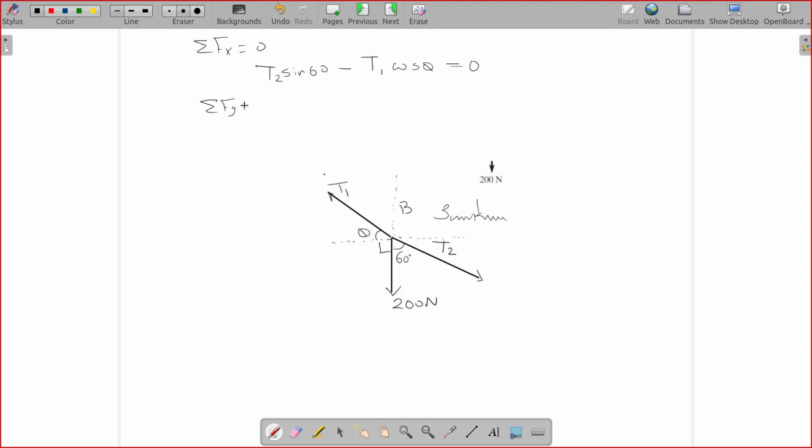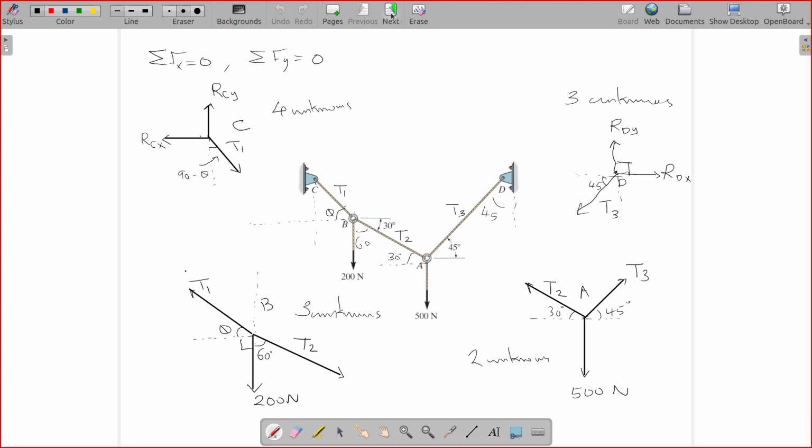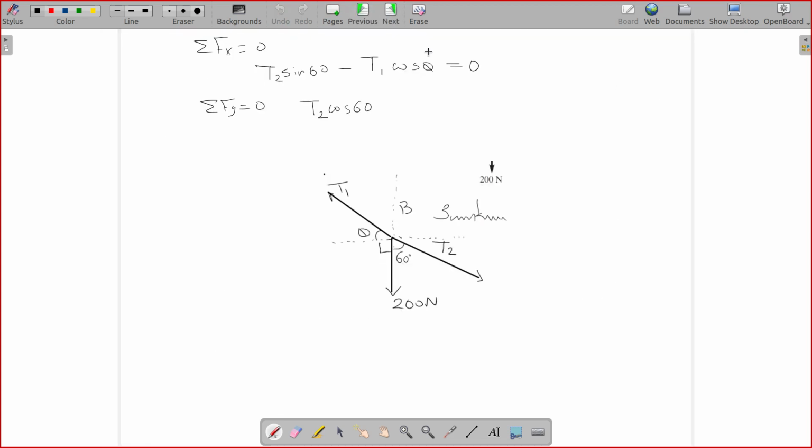Similarly, the force in y direction should be 0. T2 cos 60 is acting downwards, and downwards means negative sign. T1 sin theta is acting upward, so positive, and 200 Newton acting downwards.